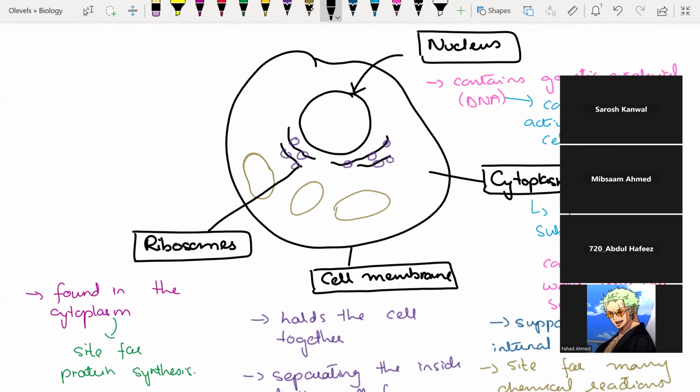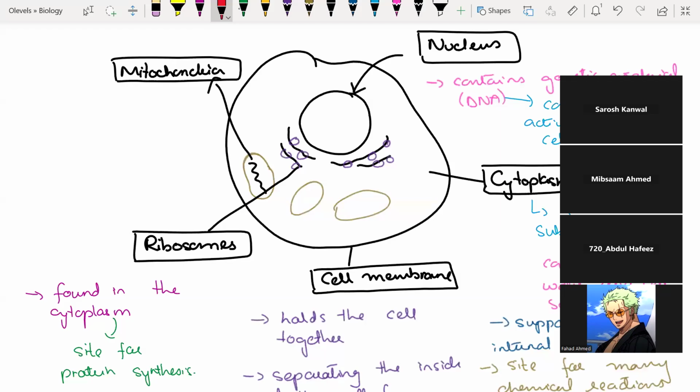Now then comes these structures. They are called mitochondria. And do mitochondria produce adenosine triphosphate? Yes, Fahad, are you saying something?